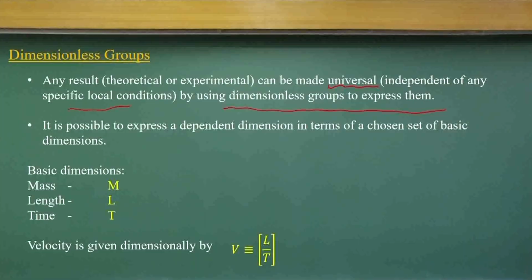So, any variable has very basic dimensions: mass, length and time. As you know, what is velocity? The distance per unit time, the length by time. Any of the fluid flow variables we can define in terms of these three basic dimensions: mass, length and time.